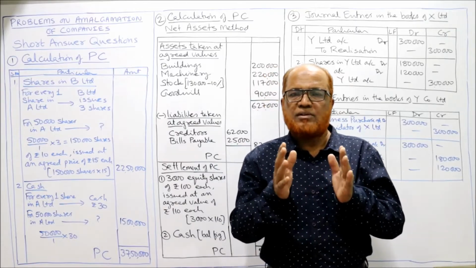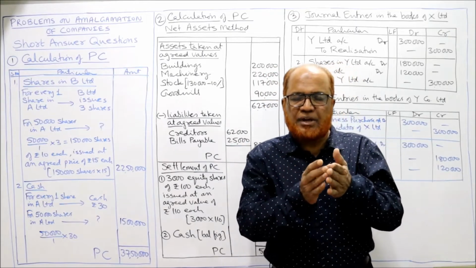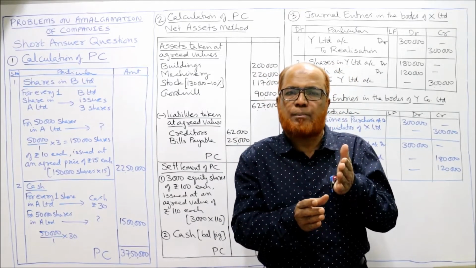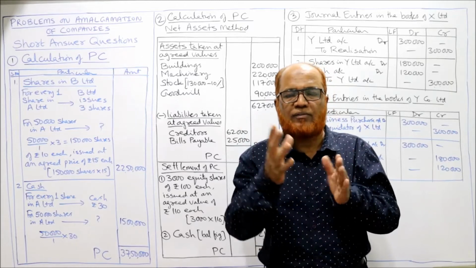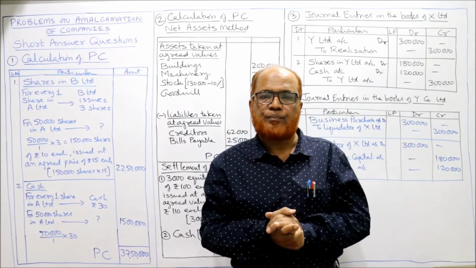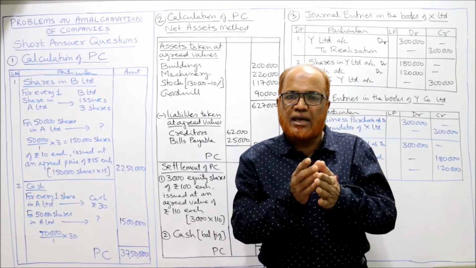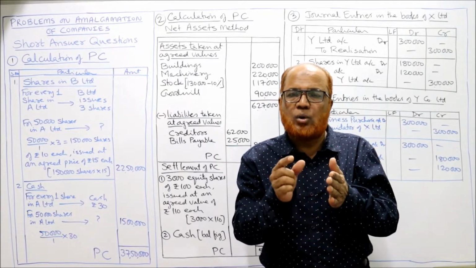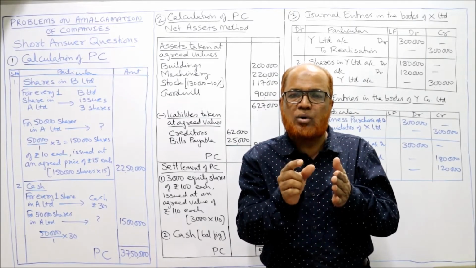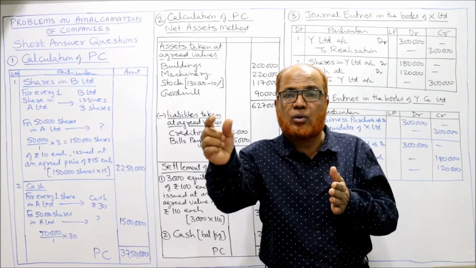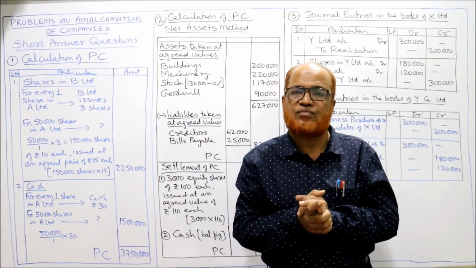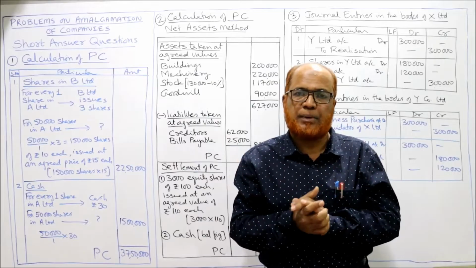Earlier, purchase consideration included all the amounts paid by the purchasing company to the vendor company. But according to AS 14, PC includes only those amounts which are paid to the equity shareholders of the transferor company, not any other payment.